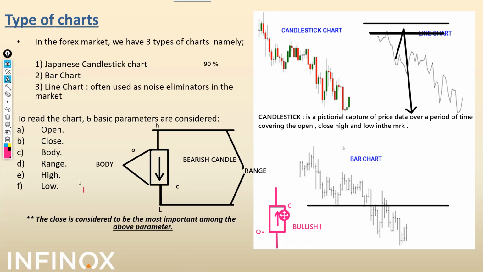Nevertheless, like I said, for every capture of price data in a candlestick, the close is the most important. Why? Because when you wait for the close of the market, then you'll be able to decide what the overall bias and sentiment of that candlestick is. A candle can decide to go up like this, and all of a sudden reject and close like this, okay?